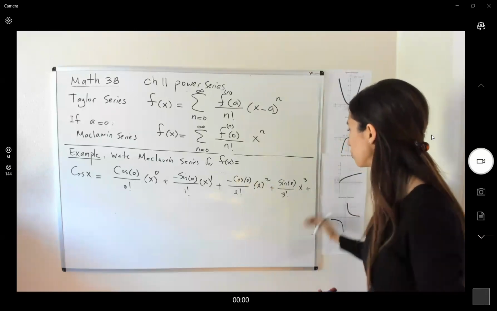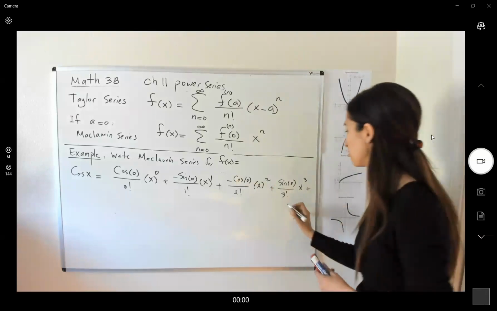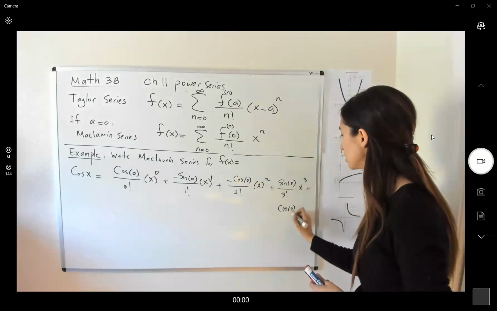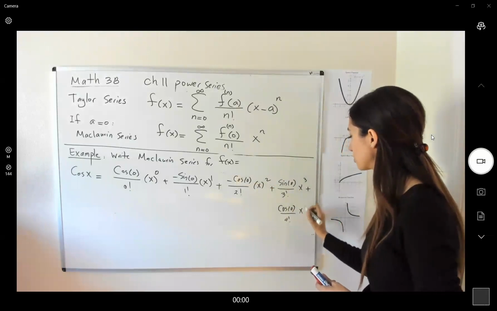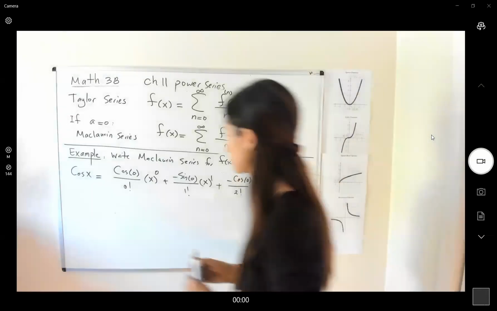Let's write another term for you, plus the derivative of sine, which is cosine 0 divided by 4 factorial x to the fourth plus the rest of the terms.